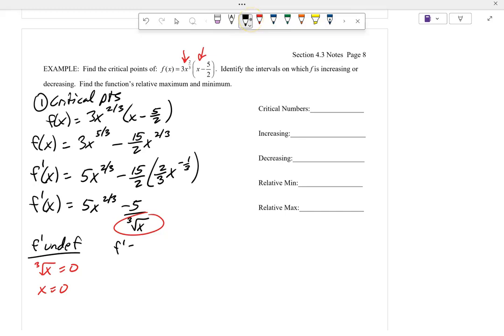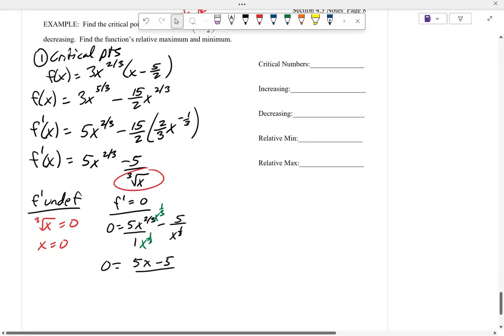Now, where is f prime equal to 0? So where does 0 equal 5x to the 2/3 minus 5 over x to the 1/3? Well, this is over 1. Let's get a common denominator, x to the 1/3. And so 0 equals 5x minus 5 over x to the 1/3.